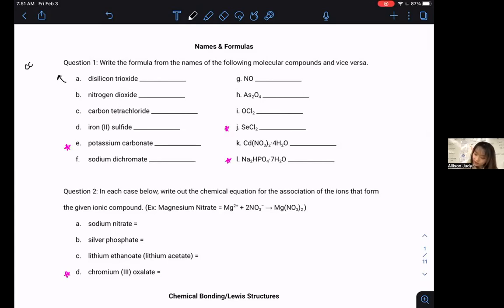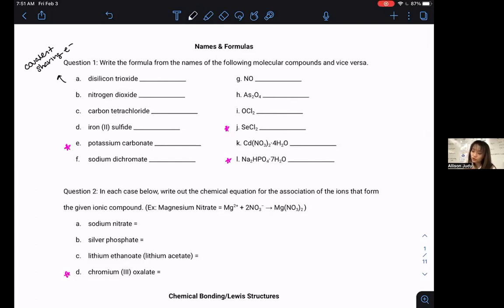If it is covalent, it is sharing electrons, which means we really have to be told how many atoms are involved for each element, for each compositional element. Otherwise, we wouldn't know because we don't have true charges. We don't have true math that we can rely on.